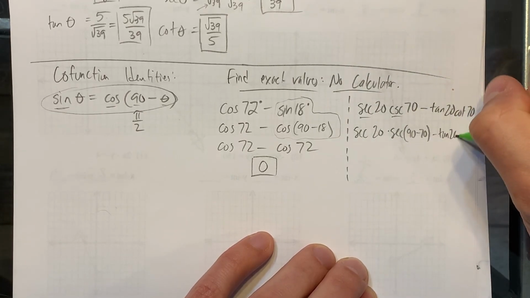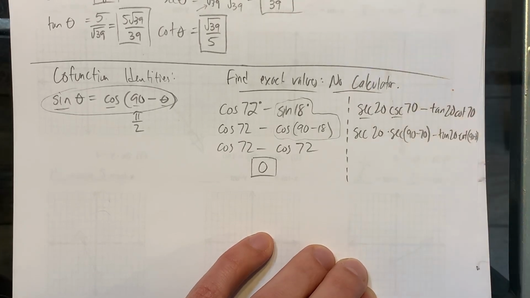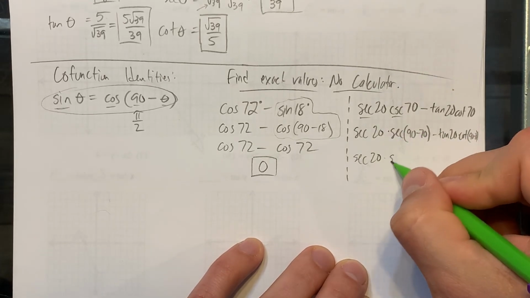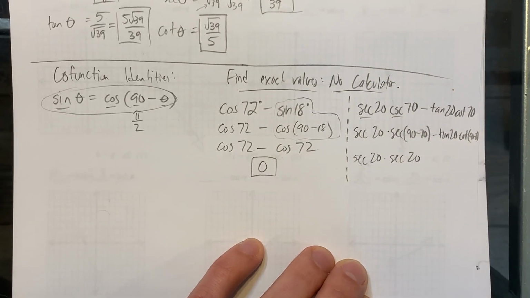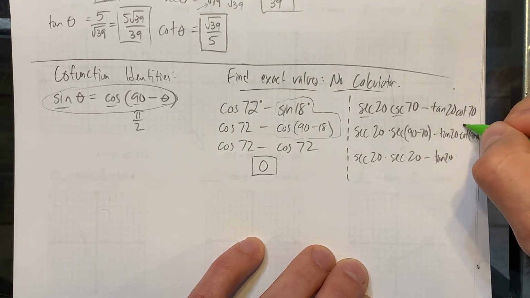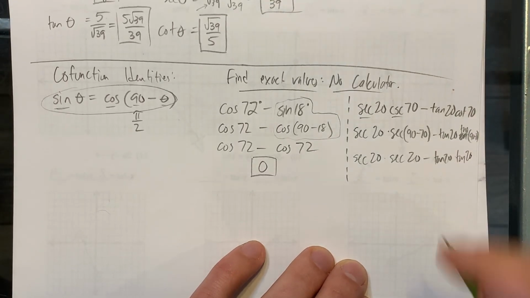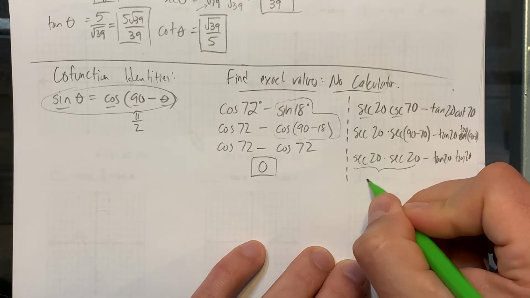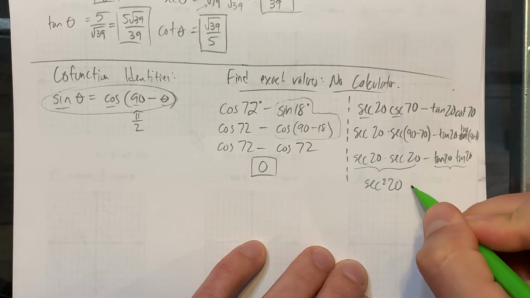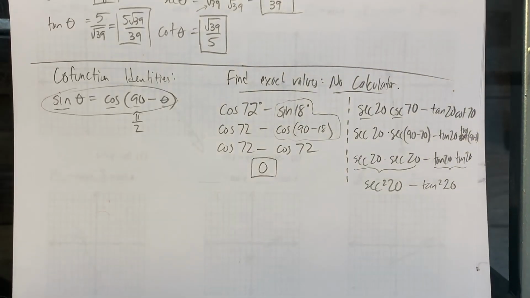Minus tangent of 20 times cotangent of 90 minus 20. I'm falling off the paper here. But the idea is that I have secant 20, secant 20. And over here on this side, I have tangent 20. This should be a tangent, not a cotangent. What's wrong with me? Tangent 20. So now secant 20 times secant 20, I could write as secant squared of 20. And the same thing here, tangent of 20 times tangent of 20, I can write as tangent squared of 20.